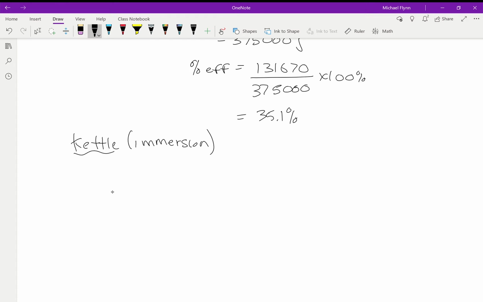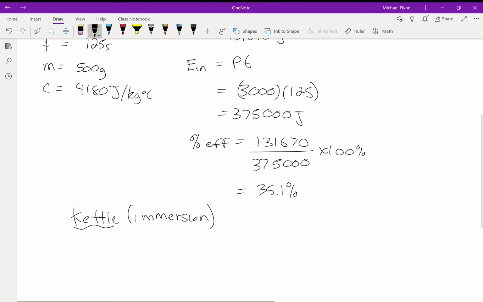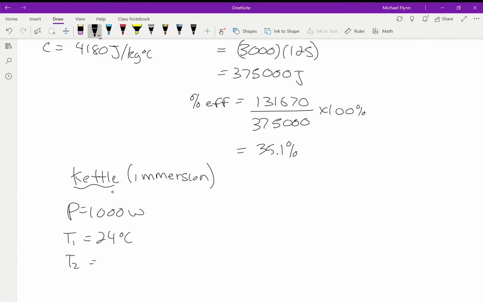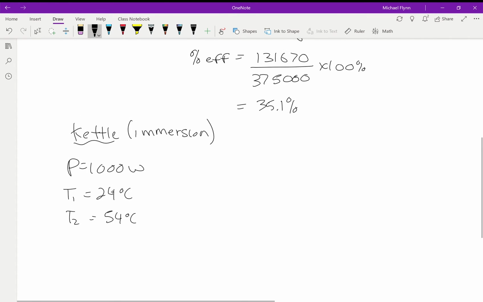So I'm going to write down the data. I'll just do it the same way. Here the power is 1,000 watts, so it's not as powerful. The initial temperature this time was 24 degrees Celsius. The final temperature was 54 degrees Celsius. The time was 60 seconds that it was plugged in.